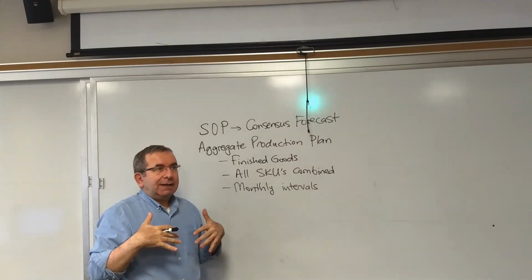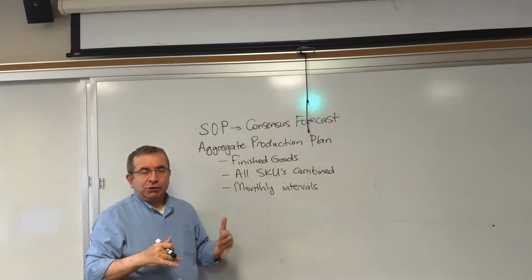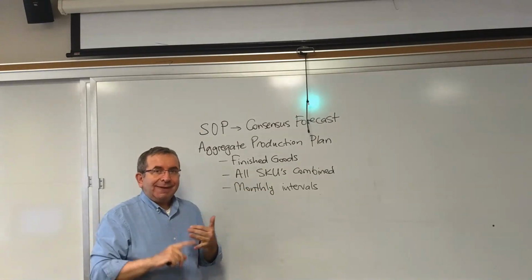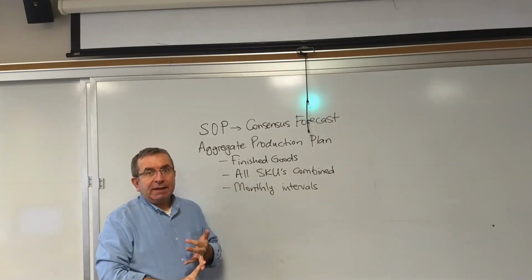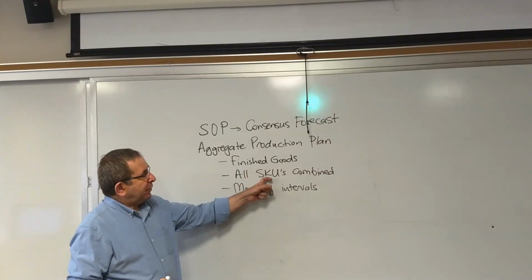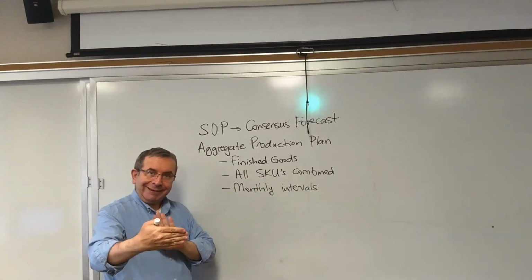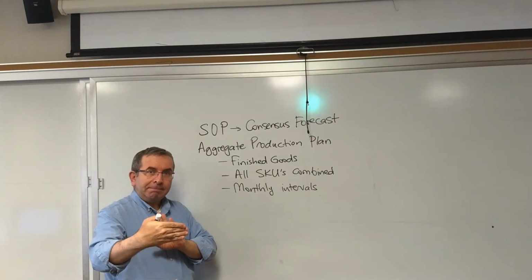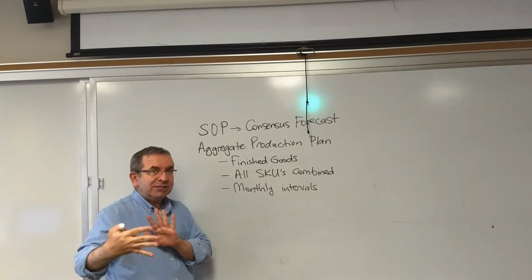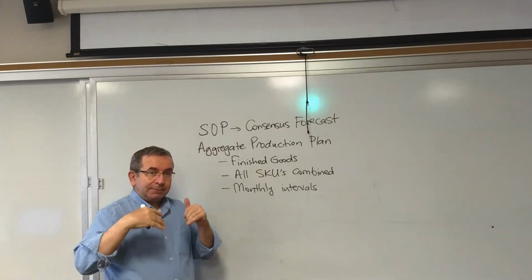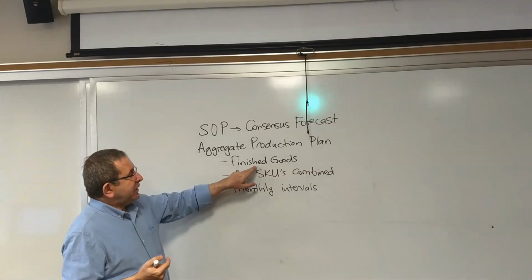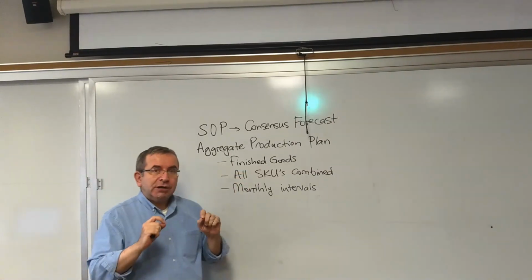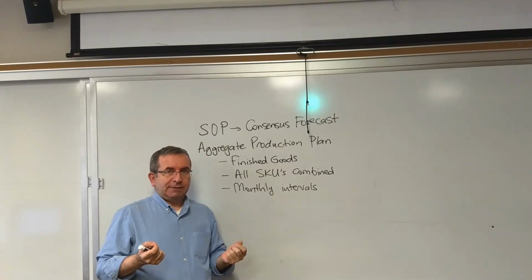However, you need a more detailed plan. You need a weekly and daily plan, and you need to think about individual SKUs. You need to have a plan for each SKU. And in addition, you need to have a plan for raw materials.